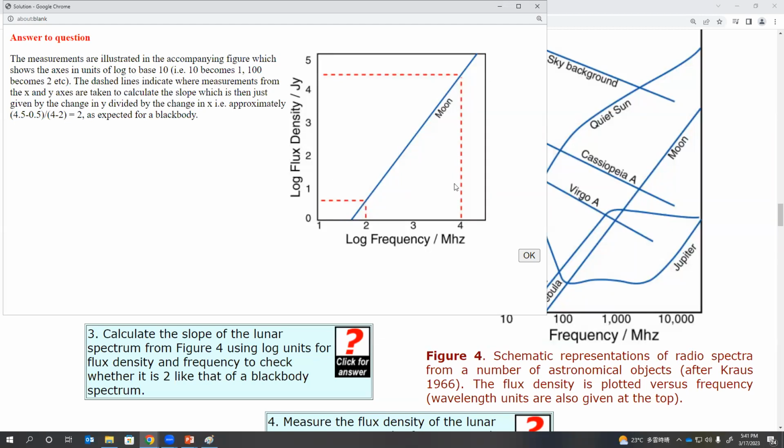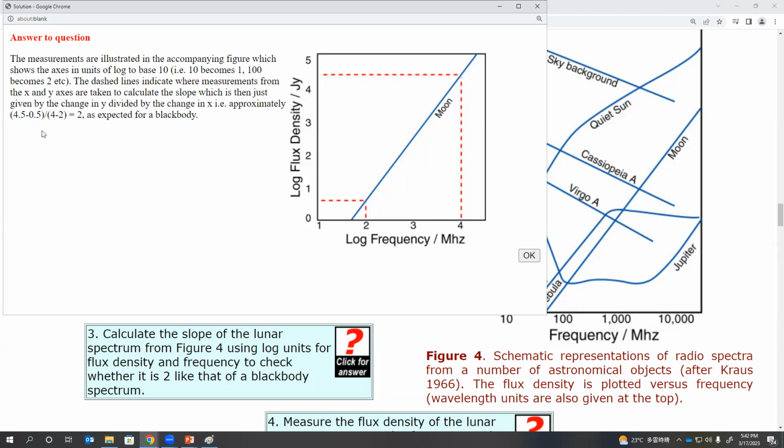So for this case, if we consider this section, you can easily see the vertical rise and the horizontal run roughly equal to 4.5 minus 0.5.